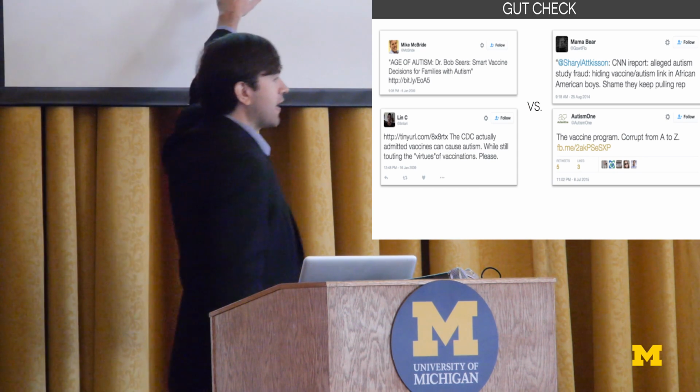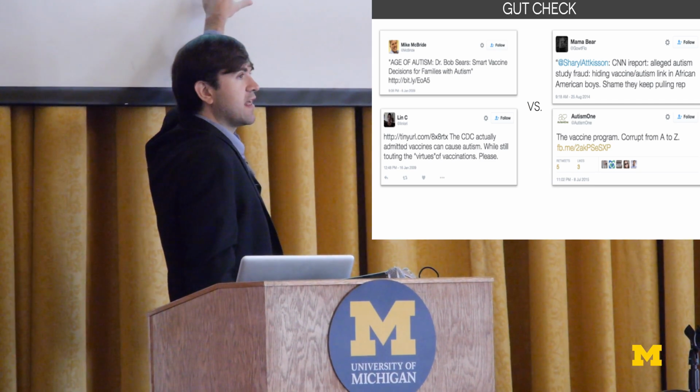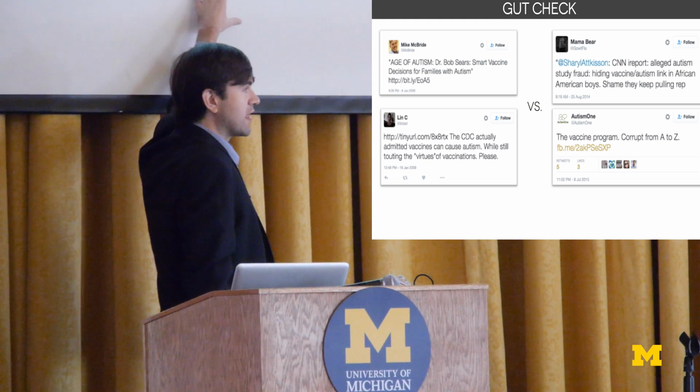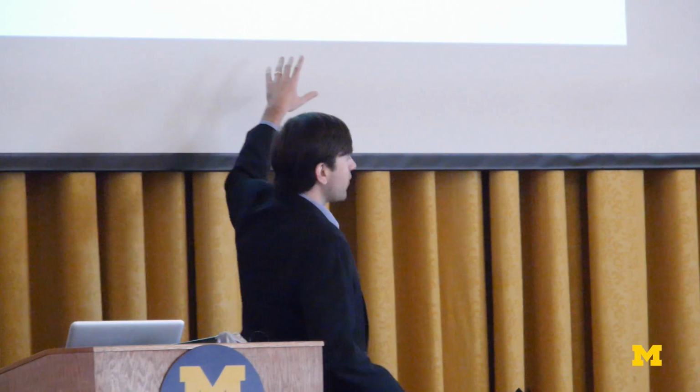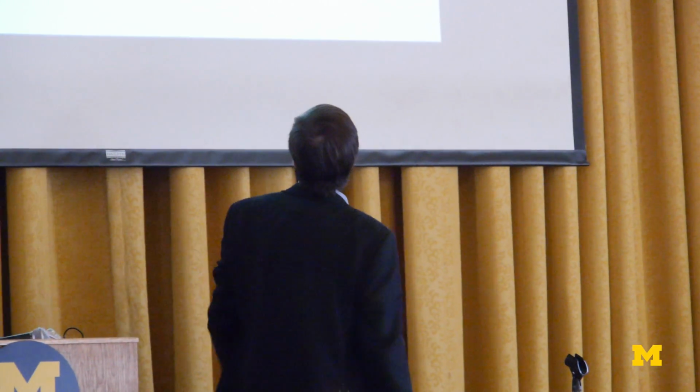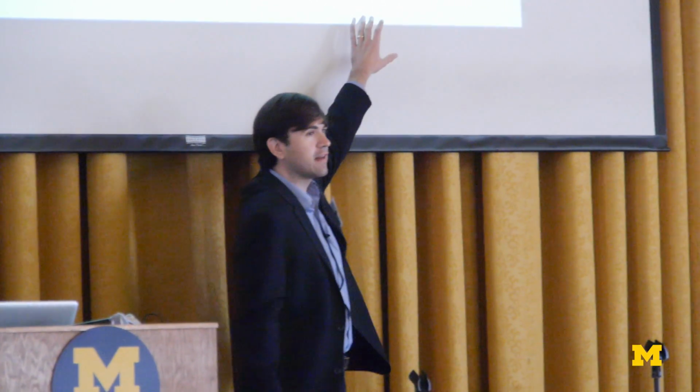Please, this is not a negative affect because there's no words here that would suggest that anything is negative, yet it is suggesting that vaccines cause autism or related. On the right, we have the sentiment approach, which is, the vaccine program, corrupt A to Z, right? Clear negative affect on this tweet, saying that vaccines are negative, and there's autism there in the handle, so it was pulled as a tweet that mentioned vaccines and autism.